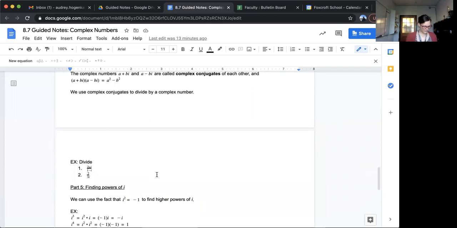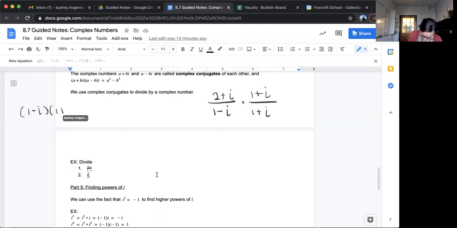So, for example, number 1, we have 2 plus i divided by 1 minus i. And so what we are going to do is multiply the numerator and denominator by the complex conjugate of 1 minus i to eliminate the imaginary number in the denominator. So the complex conjugate of my denominator is going to be 1 plus i. So I'm going to have 1 plus i. And then let's look at my denominator first. So I have 1 minus i times 1 plus i.